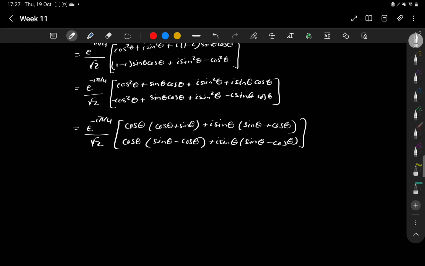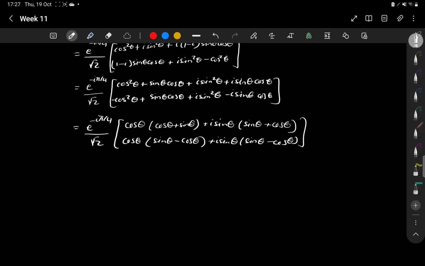Now I can take more things common, right? I can take cos theta plus sin theta common in the first term.